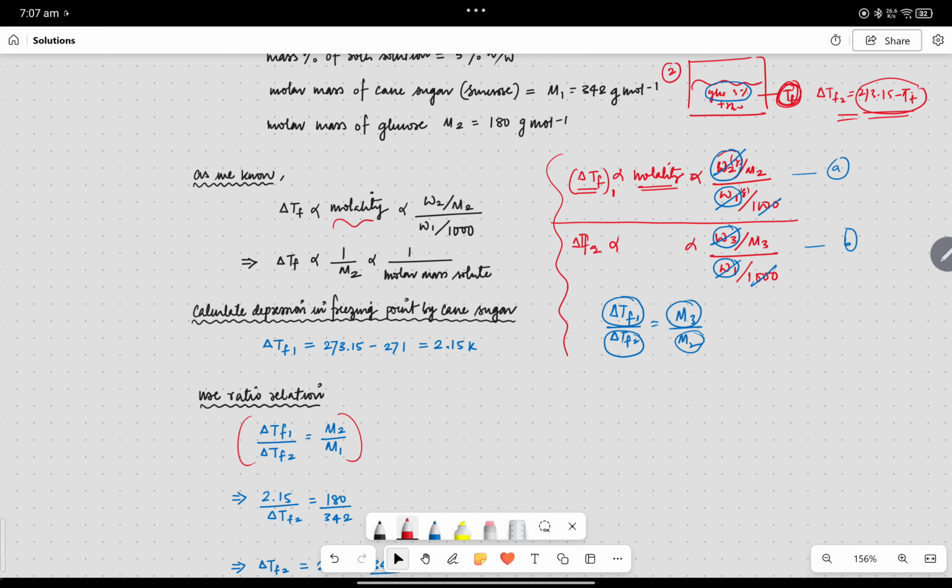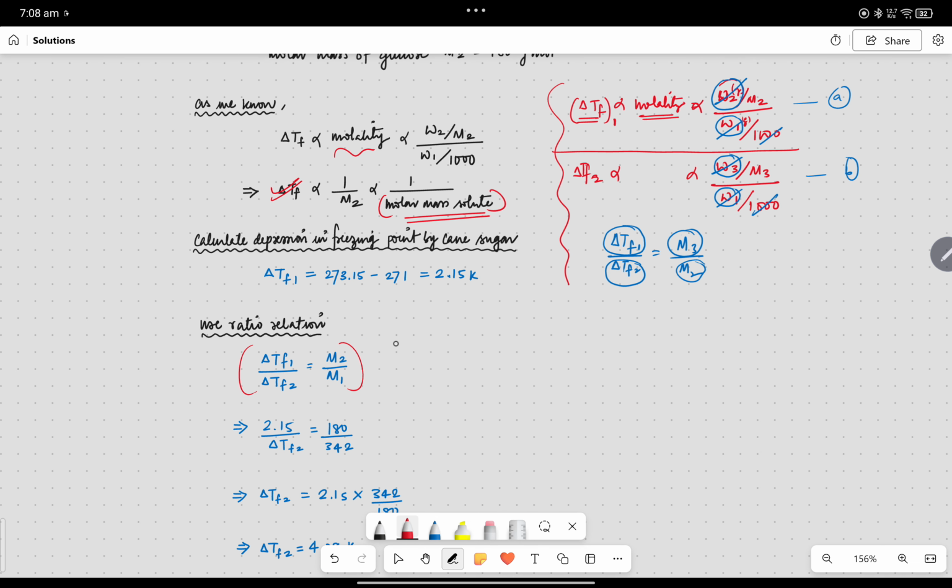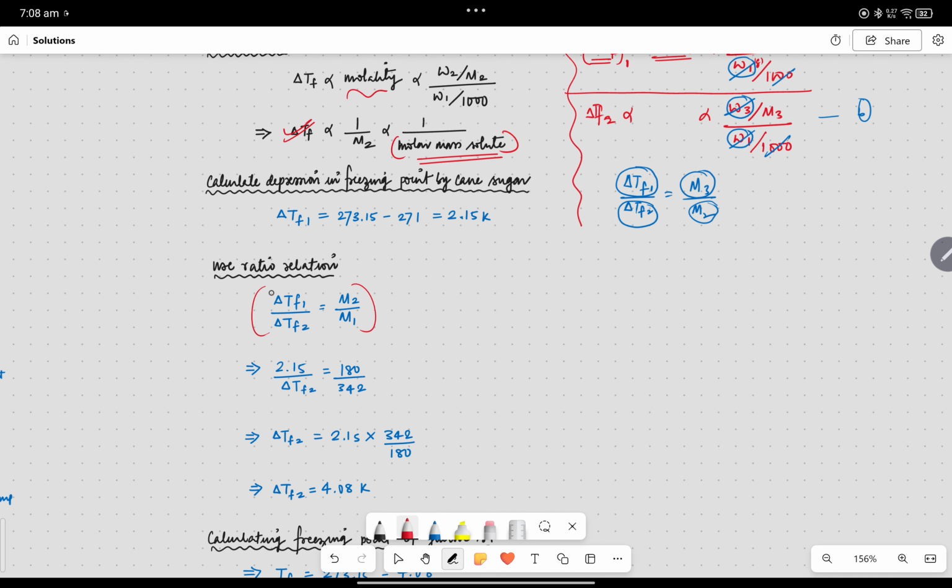The depression is inversely proportional to the molar mass of solute, right? So I divide these two equations: delta Tf1 divided by delta Tf2, depression in sugarcane over depression in glucose, equals molar mass of glucose over molar mass of sugarcane.